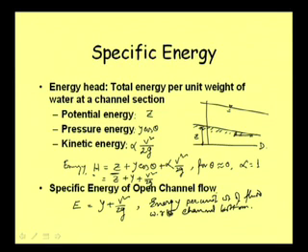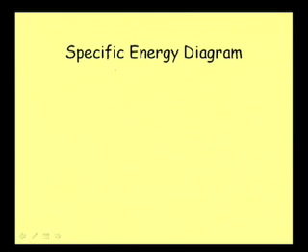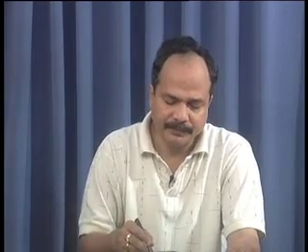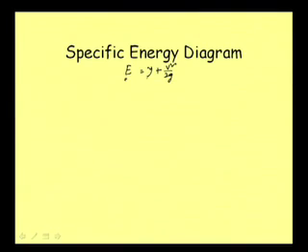Well, now with specific energy, let me keep the equation here: E is equal to Y plus V square by twice G. Now we can draw a graph relating E and Y. Why? Because V square by twice G, V square is nothing but Q square by A square, so E is Y plus Q square by A square into twice G, as Q by A is equal to velocity.